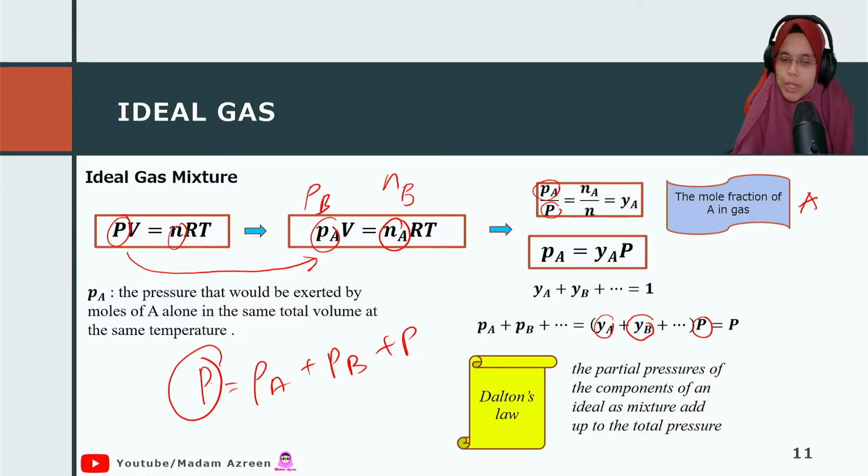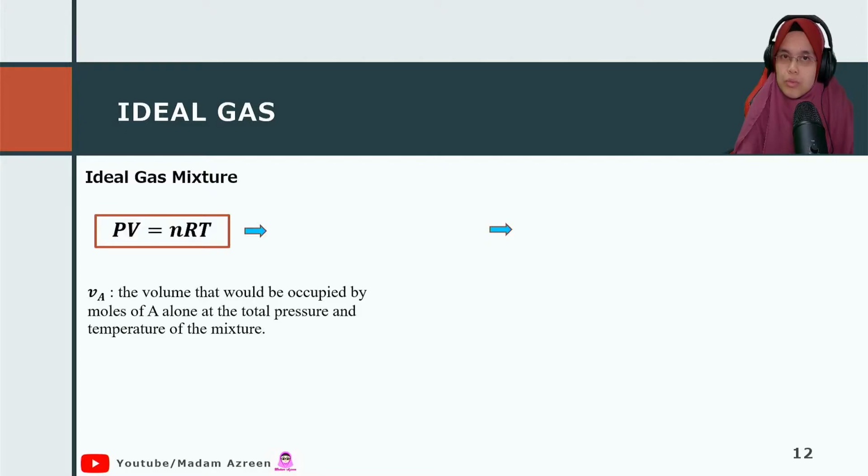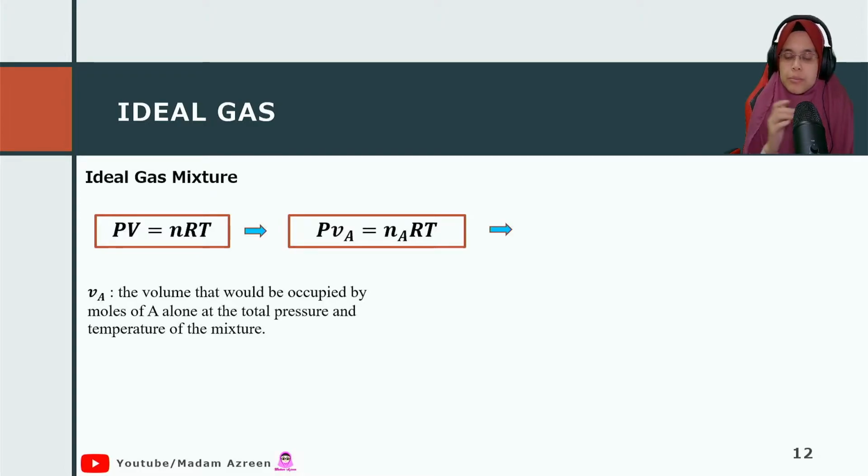Same goes when you have a volumetric flow rate. The same ideal gas, but in terms of volumetric flow rate, instead of P becoming partial pressure, V becomes the volumetric flow rate for that particular species.